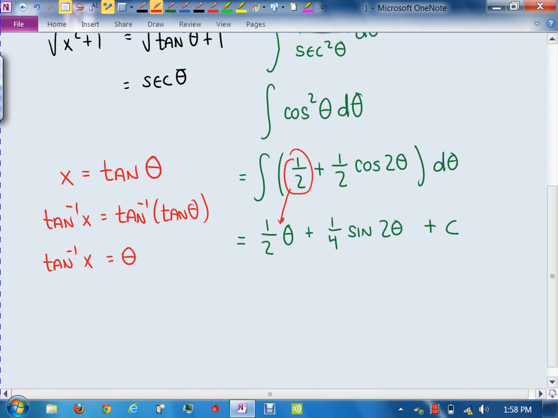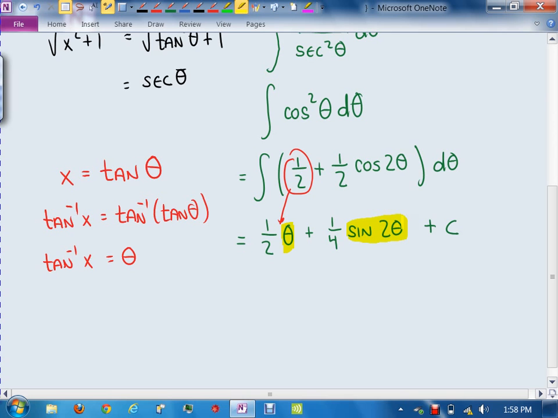Now, we also need to know what sine 2 theta is in the problem. So we got theta, we're happy with that. But this is where I might want a reference triangle, right? But it's 2 theta in that trig function.